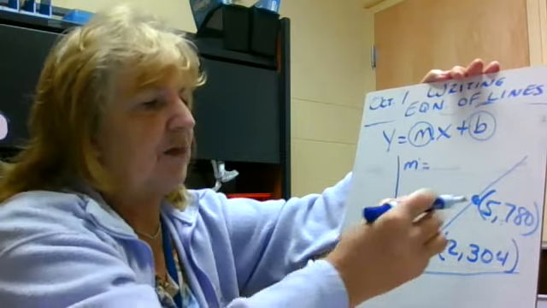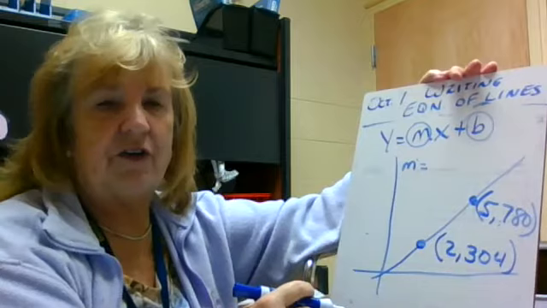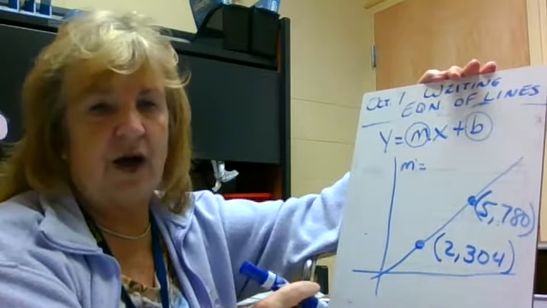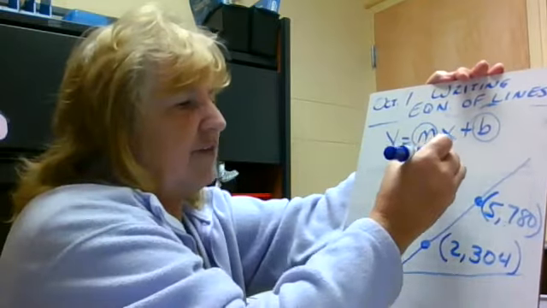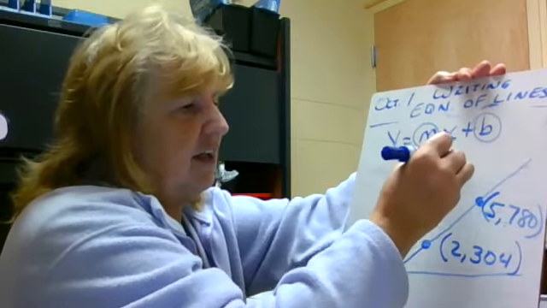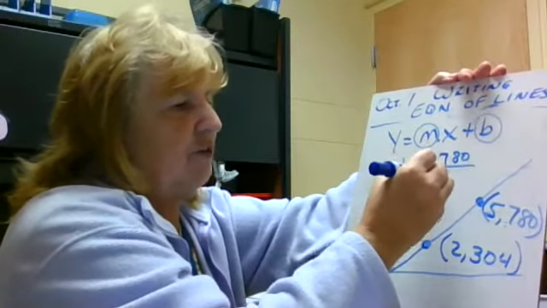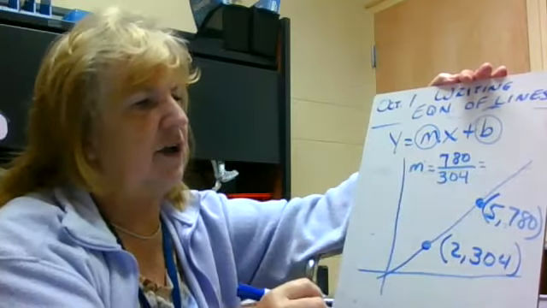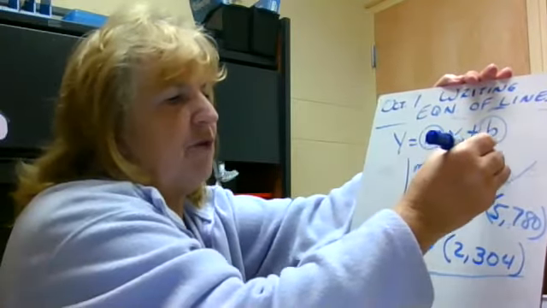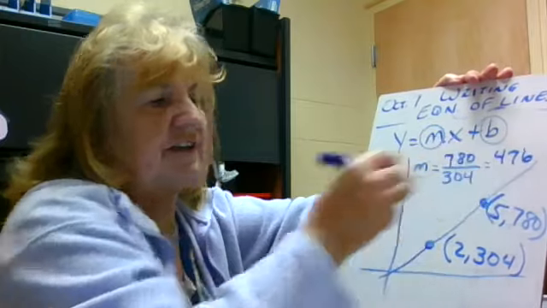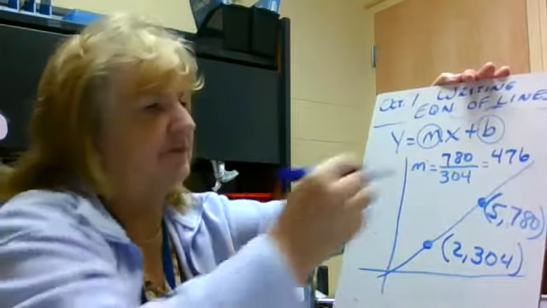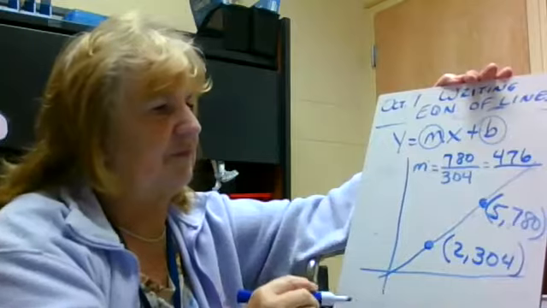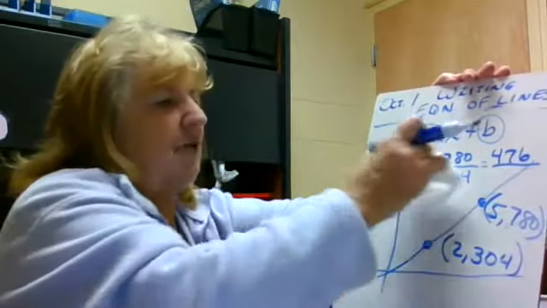So I'm going to go from here to here. My vertical movement, I subtract the y's. So I have 780 subtract 304, which happens to be 476. I wrote that wrong, I apologize.